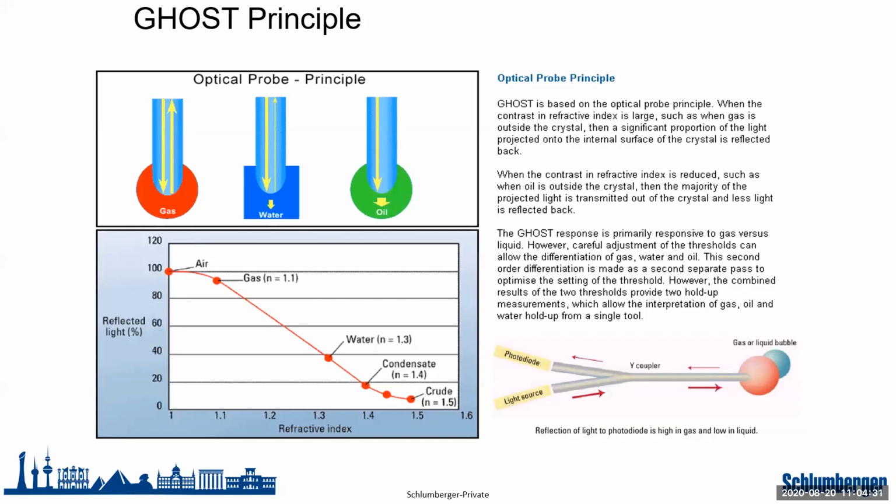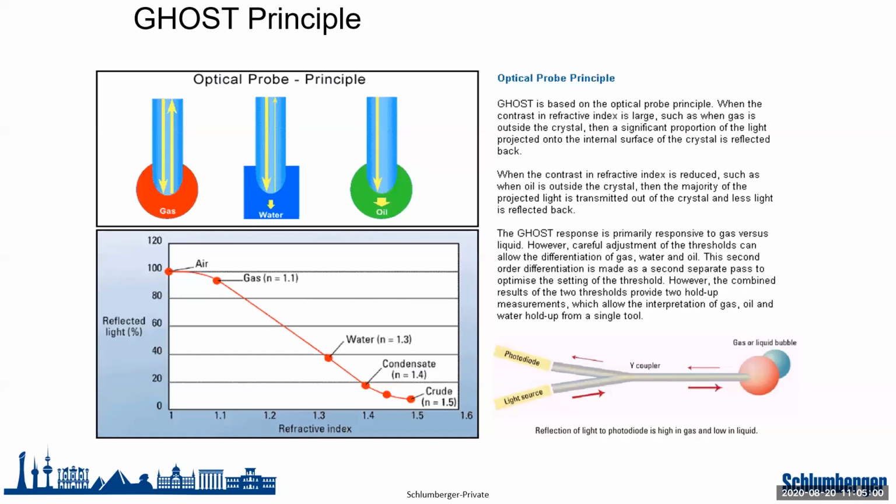When we are in the presence of gas, the gas has, in this case, a refractive index of 1.1, and air has a refractive index of 1. So if the probe is around gas, I will have most of the light reflected back to my photodiode that is inside the tool through the fiber optic.